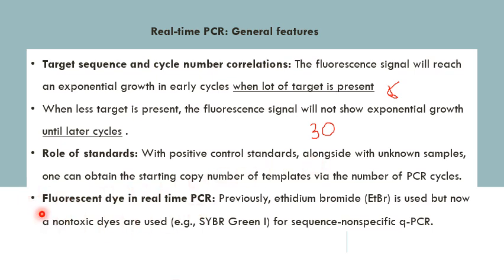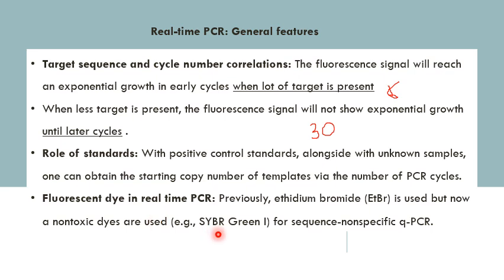For the fluorescent dye in real-time PCR, they used to use ethidium bromide, but now because it is carcinogenic, they use some non-toxic dyes, which are SYBR Green, for example, or sequence non-specific qPCR dyes.